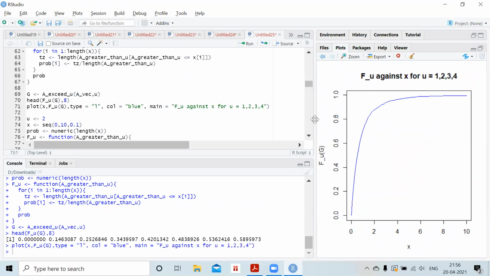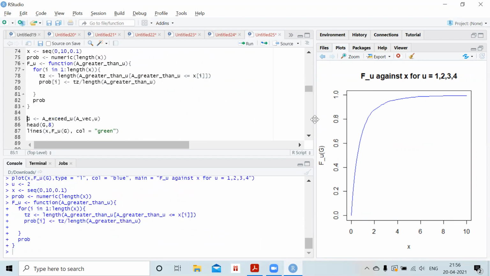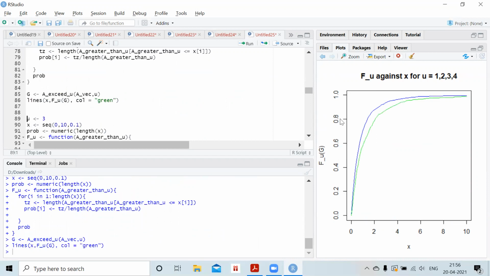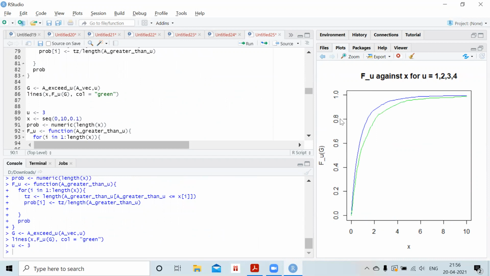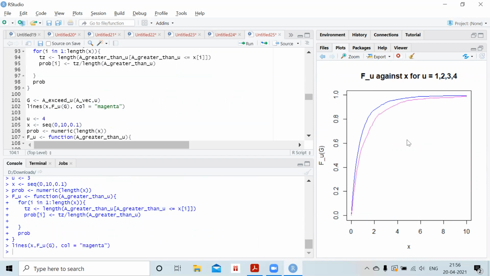Then for u equals 2, just copy the code and run it after setting u equals 2. We don't need the headline. So this is the second line. Then it is u equals 3, and again run the same code, and you get the third line.